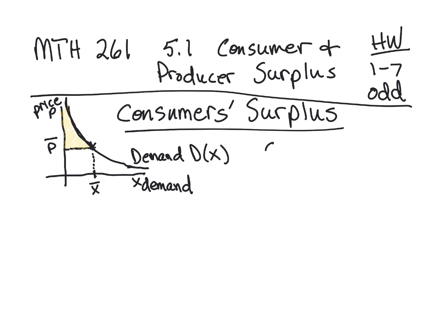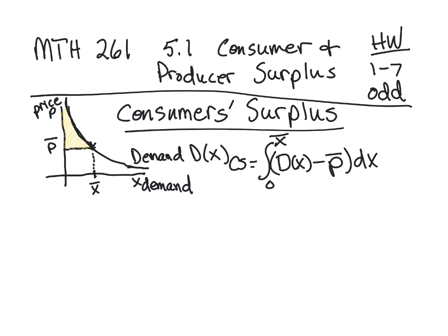It's the area or the integral from 0 to x bar, because that's your limits on your x-axis. And the top curve is the demand function, and the bottom curve is P bar. When you're finding the area between two curves, you always do top minus bottom. And that's very simple, and that's consumer surplus.